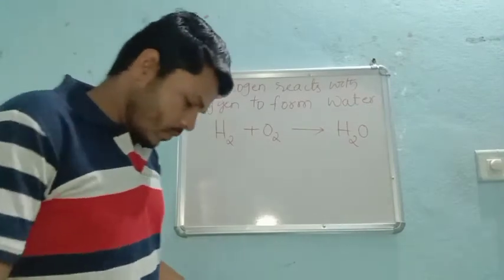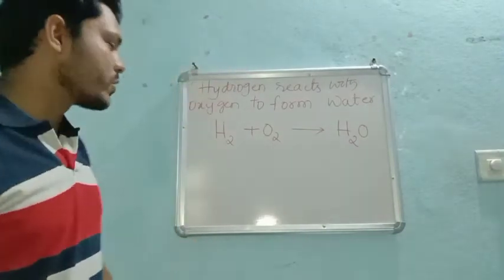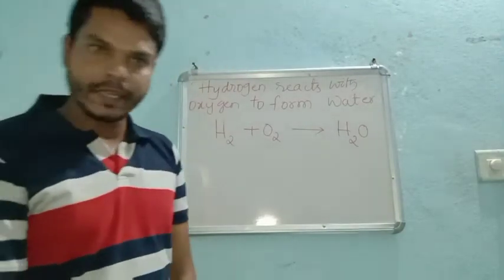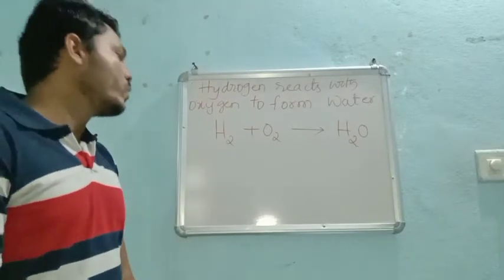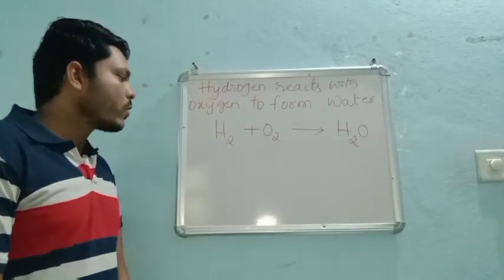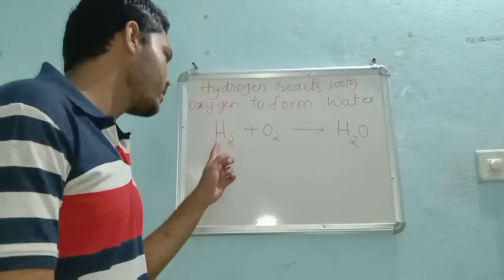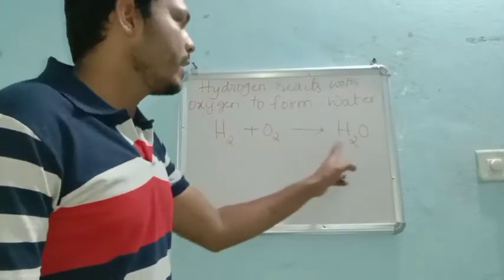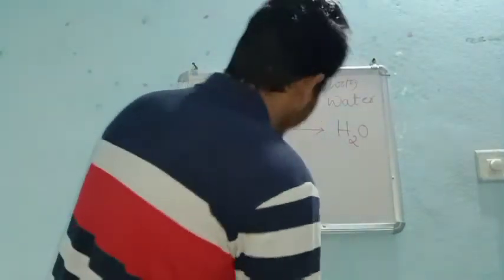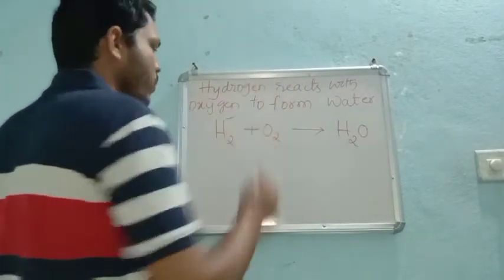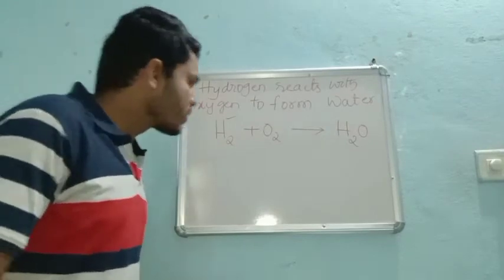Now we need to check whether this equation is balanced or not. Right? Coming to hydrogen, check the number of hydrogens. How many hydrogens are there at the reactant part? 2. And here there are 2. That means hydrogen is balanced, no doubt. What about oxygen?